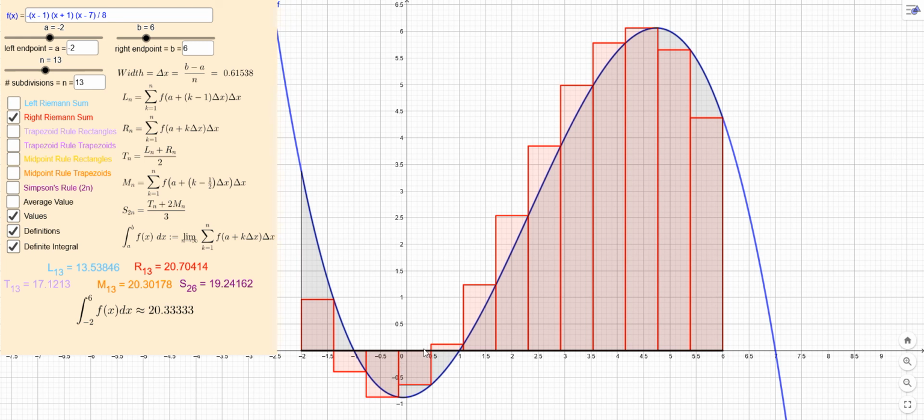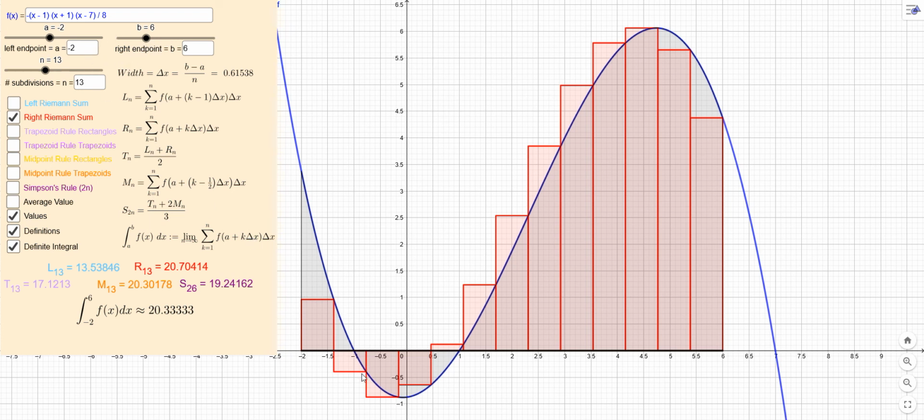The y values are actually negative numbers. The way we've got it set up with a being less than b, (b minus a) over n is a positive number always. But the heights are negative. Now the height is always positive, but a signed height, the f value, which is what's actually here, that value could be negative. So these right Riemann sums could actually be a negative number.